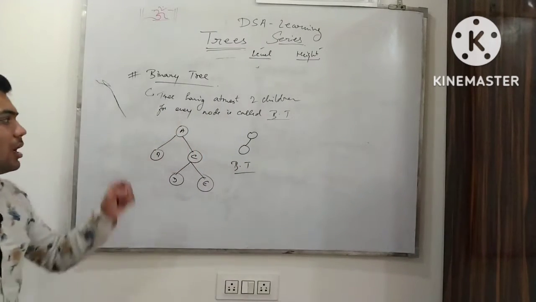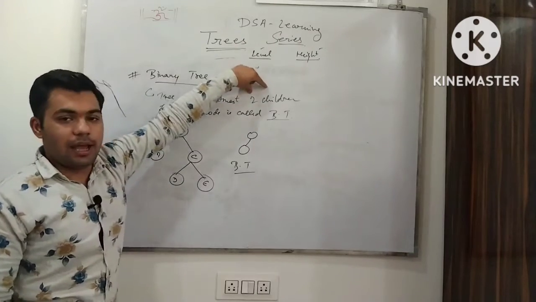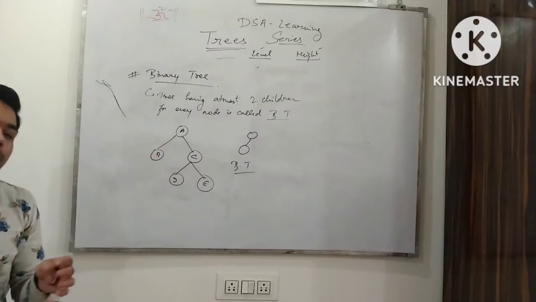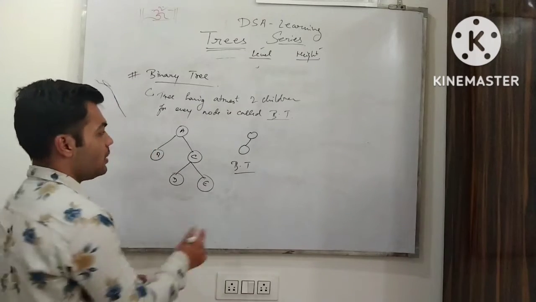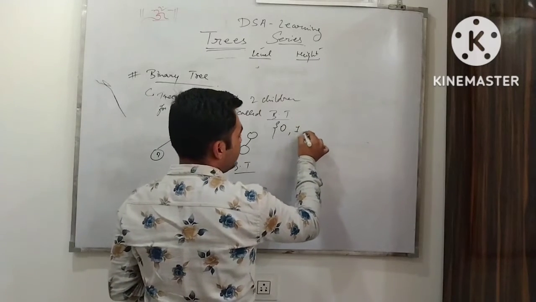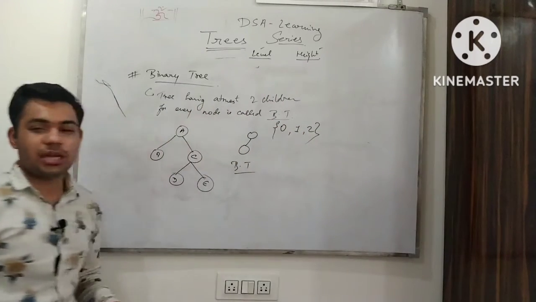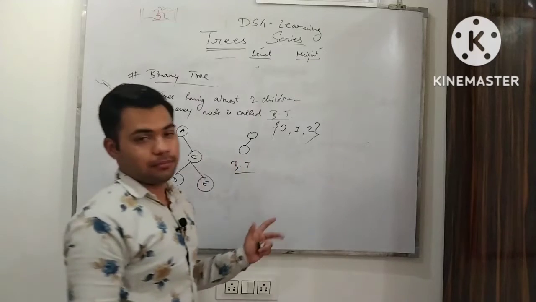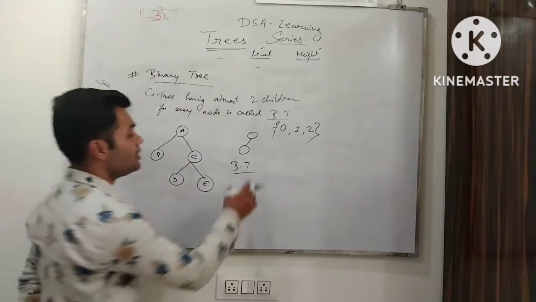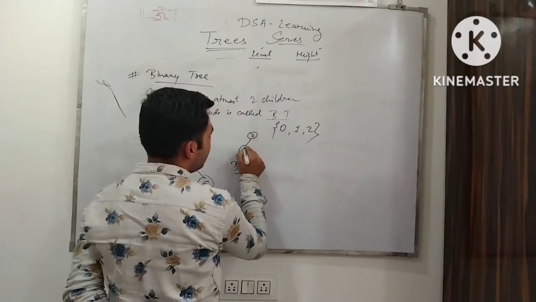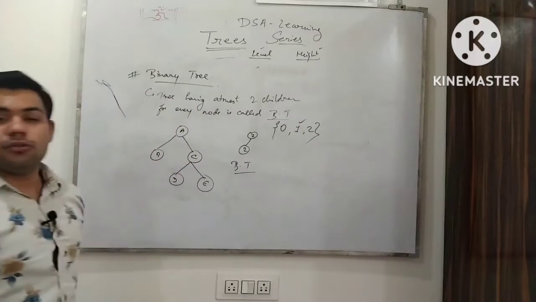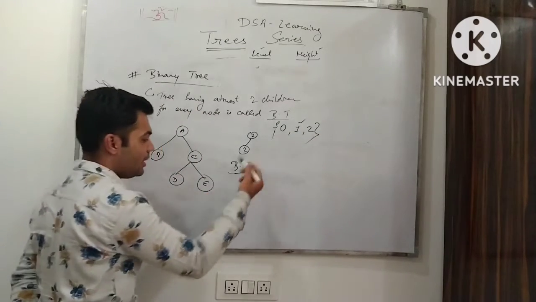Because every node should have at most 2 children, not more than 2, but less than 2 is possible. It means a node can have 0, 1 or 2 children at a time. So this is called the binary tree. It means this node 1 has only a single child, 2. So it is an example of a binary tree.